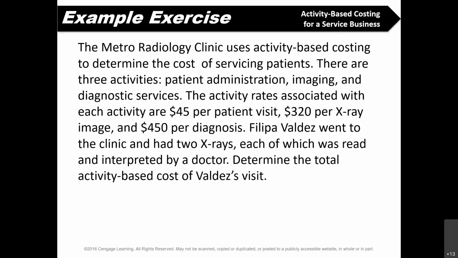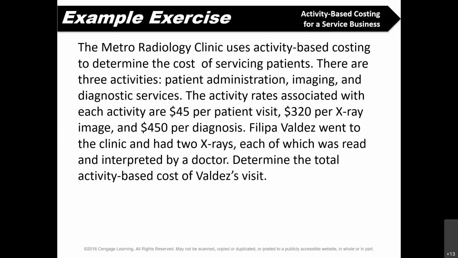The activity rates associated with each activity are $45 per patient visit, $320 per x-ray image, and $450 for diagnostics. We have a patient that went to the clinic and had 2 x-rays, each of which was read and interpreted by a doctor. What was the activity-based cost for this patient?